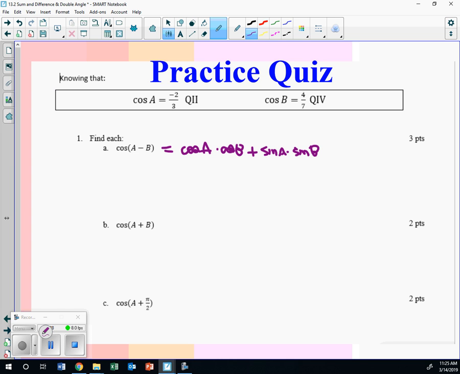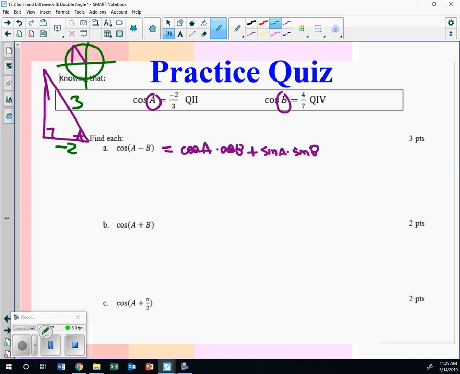Now, when you see two different angles, I want you to draw two different triangles. So for cosine of A, we're going to have a unit circle here in quadrant 2. It's going to look like this, and this is angle A. The cosine is adjacent over hypotenuse.